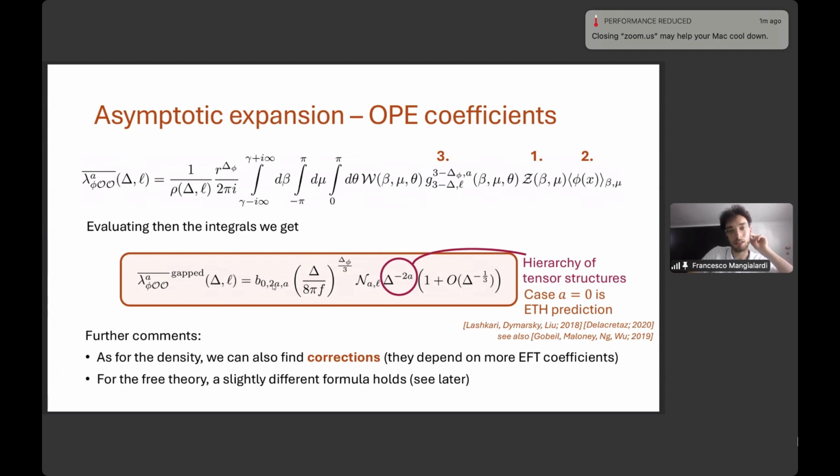You can also take this formula here and change basis. And if you choose a basis which contains the same amount of the dominant tensor structure equals 0, then the leading behavior will always be this one, and then this other one will appear as corrections. I see. Okay, thank you.